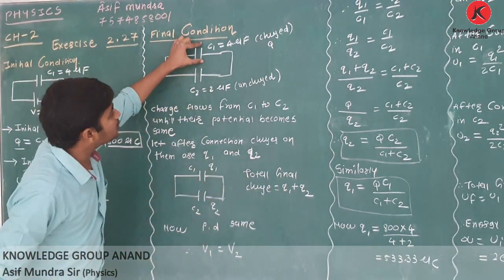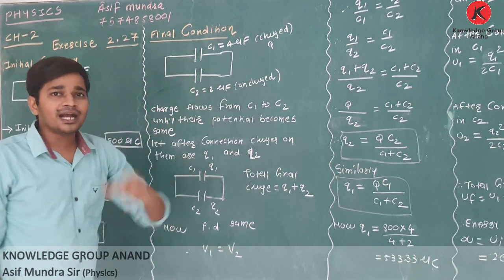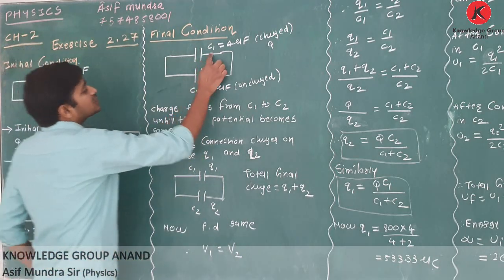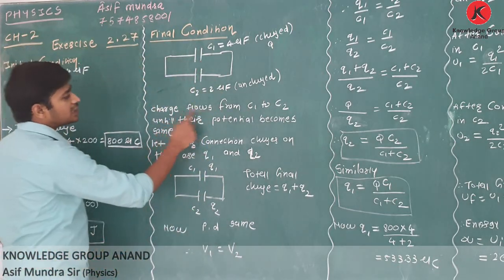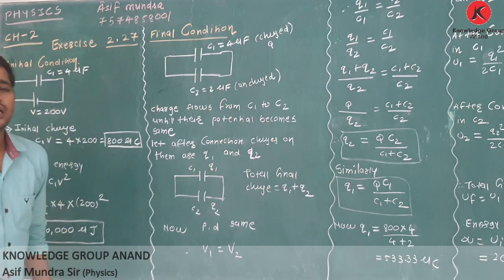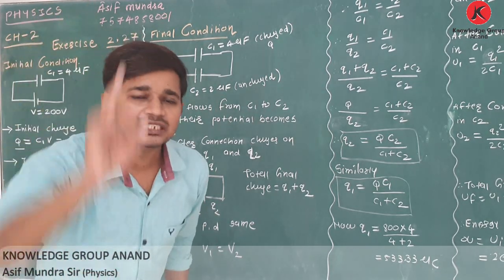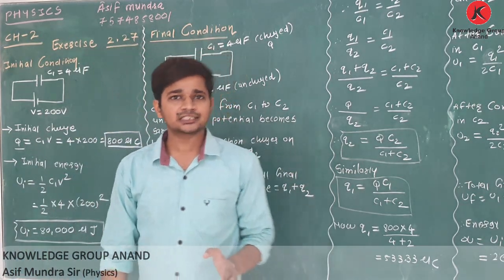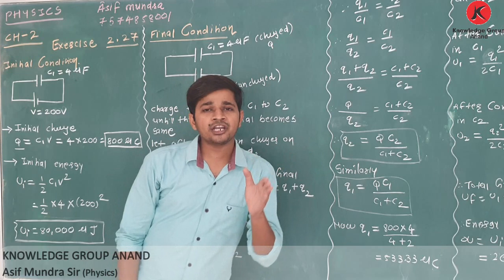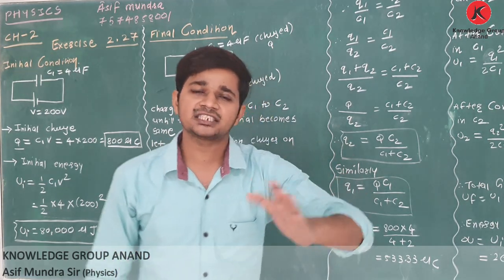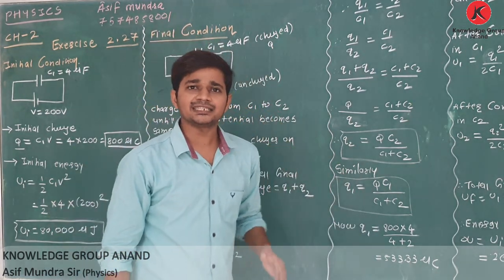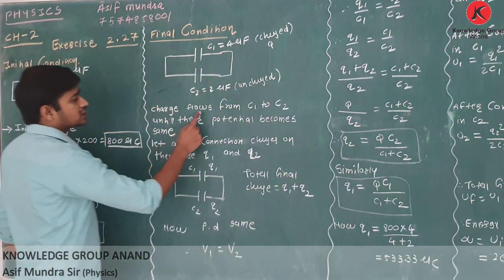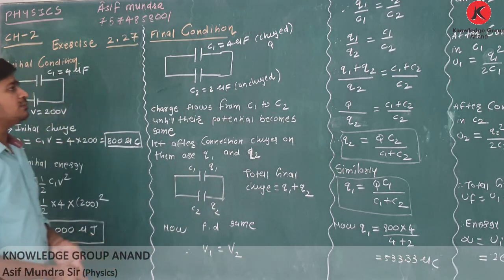You know, charge on the power bank decreases and charge on the mobile increases. Similarly, when these two capacitors are connected, charge flows from C1 to C2 until their potential becomes the same, because charge flows due to potential difference. If the potential becomes the same, the potential difference is 0 and the motion of charges stops.